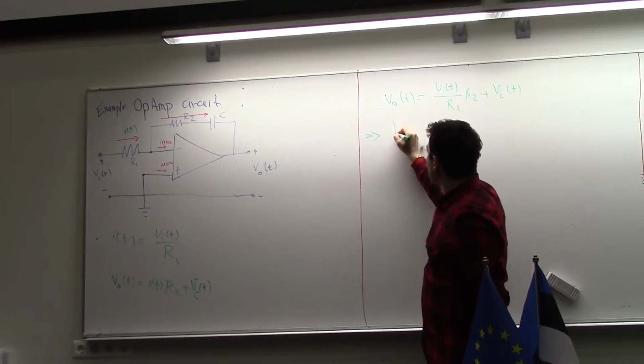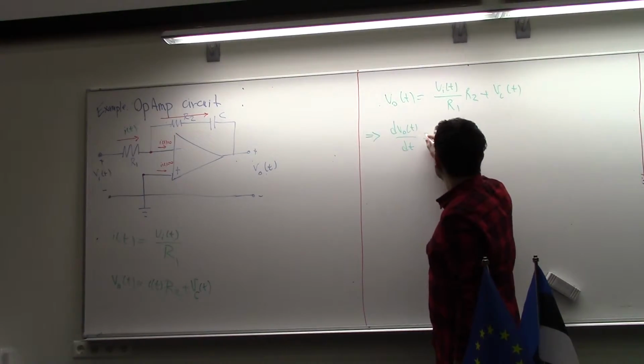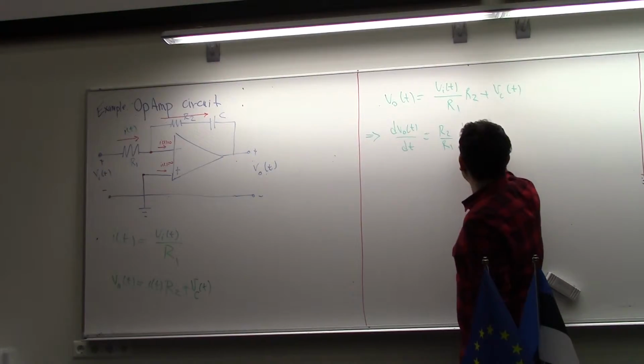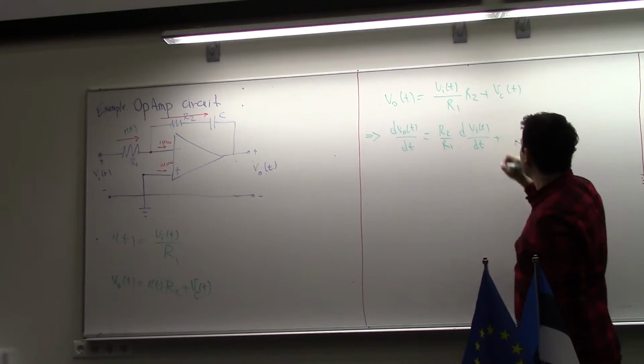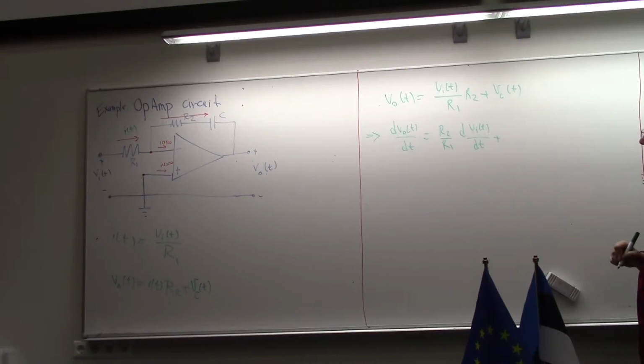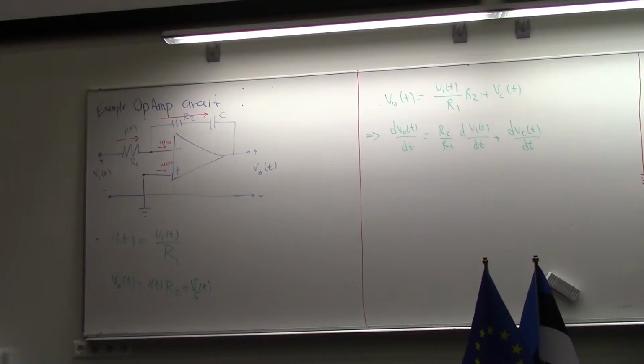So what happens is I have dV_o/dt is equal to R2 over R1 dV_i(t)/dt plus dV_C(t)/dt, right?